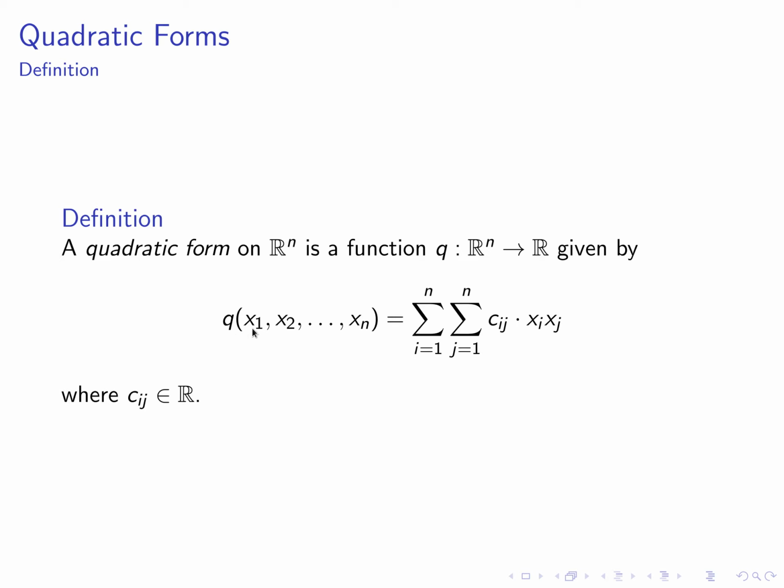So if the input variables are x1, x2, up to xn, the expression for our quadratic form needs to be the sum of a bunch of terms where each term is the choice of two of these variables with replacement multiplied together, and then we multiply that product by any scalar we want.